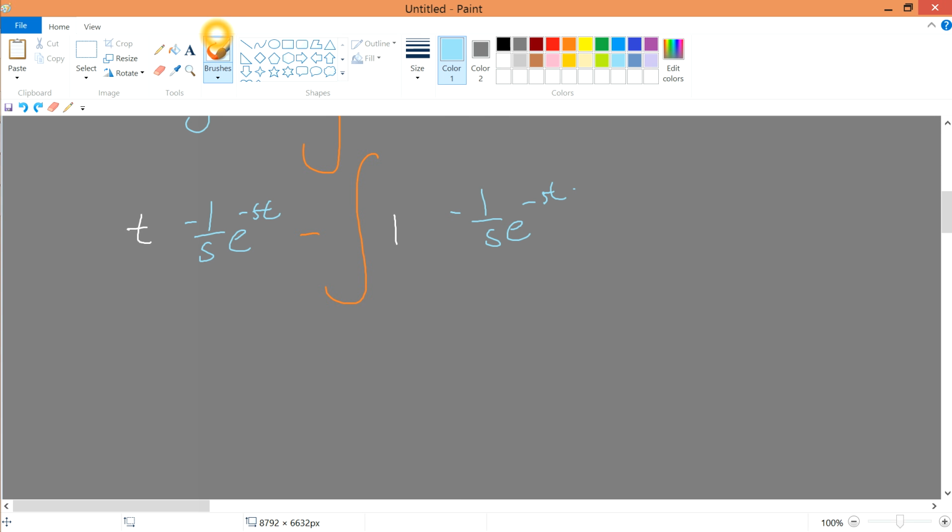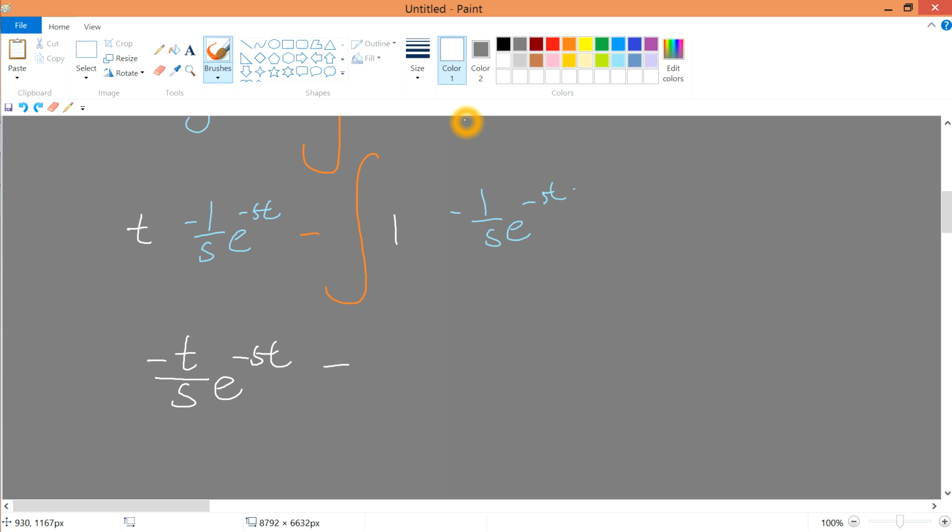So if I were to rearrange, I'll have minus t over s e to the minus st minus, if I integrate, minus 1 over s e to the minus st. So this 1 times this term is simply that.